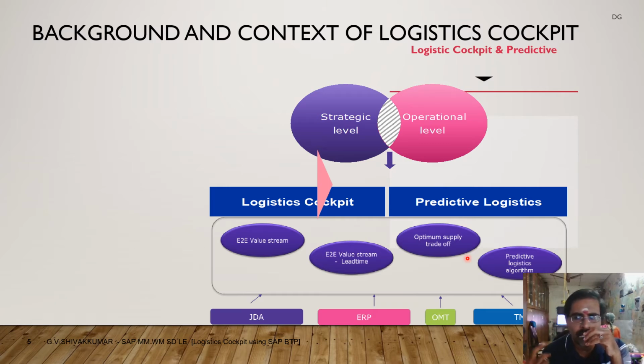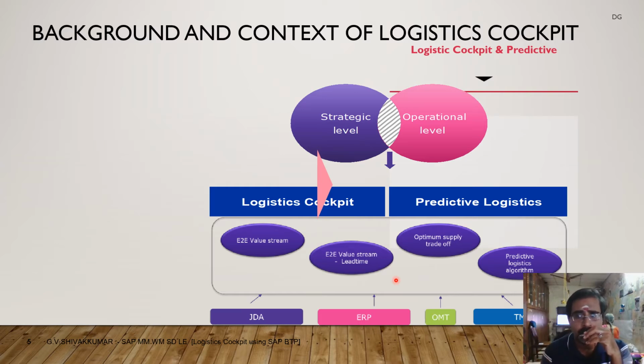analytics in S4 HANA. Here I just showed the different systems, say JDA or an order management tool with legacy systems, non-SAP systems, and ECC here, and then we have S4 HANA, TM, EWM. All these can be clubbed and integrated with the logistic system, which has analytical and predictive logistics involved, which finally optimizes the end-to-end value stream and the lead times, right?